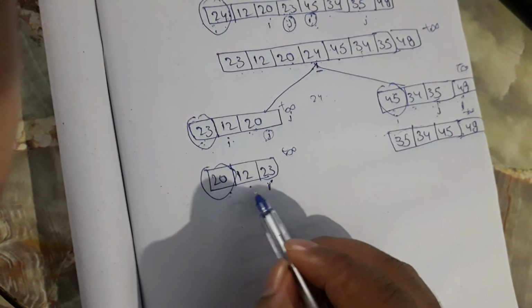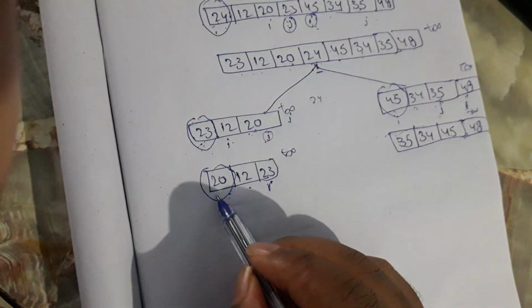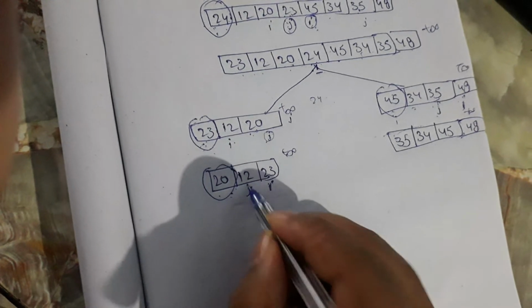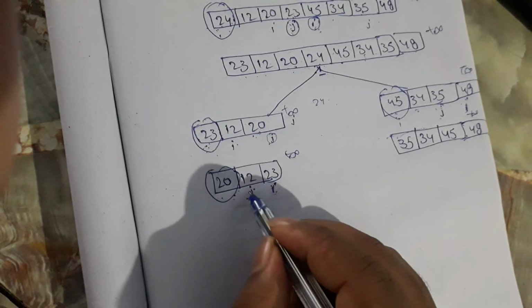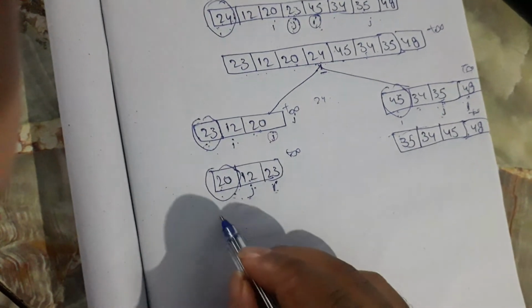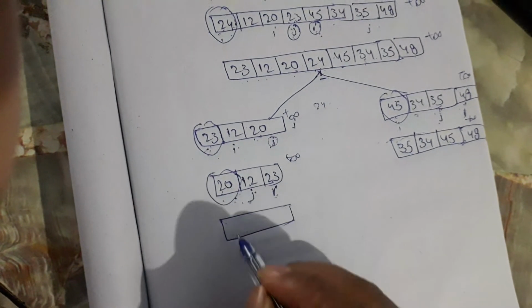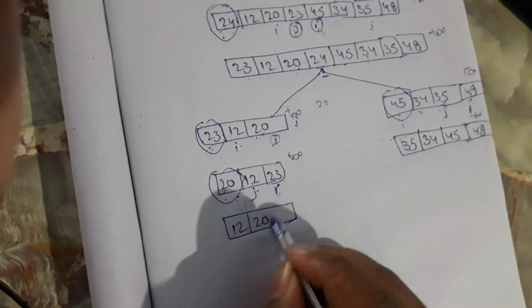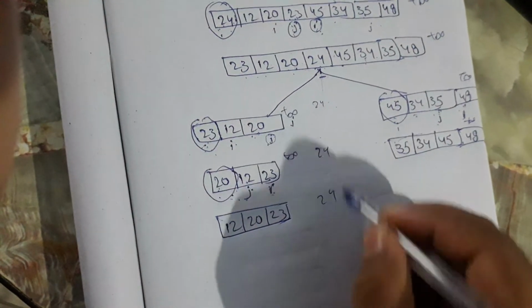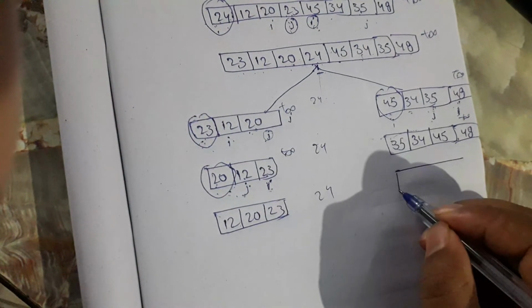Is 20 less than the pivot? No. 12 is less. Yes, again it's crossing. We have to swap J and I. 20 will come second. 12 will come first. 12, 20, 23, and 24 stays as is. We can keep it.